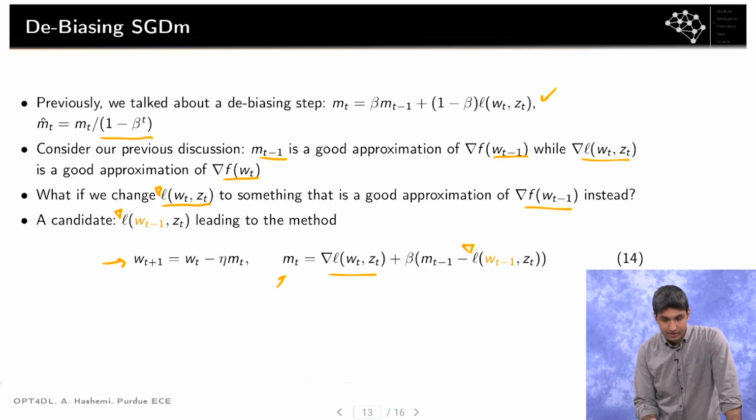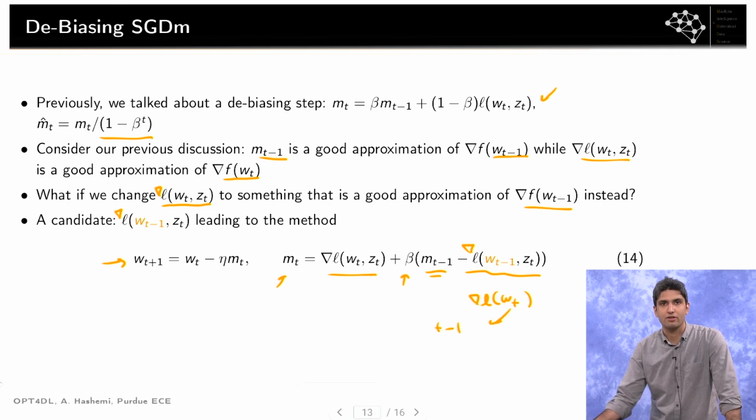We have the stochastic gradient at w_t, plus the momentum parameter times the momentum at time t minus 1 minus the stochastic gradient at w_{t-1}. Previously, this term was the stochastic gradient at w_t. So all I'm doing is this very tiny change, changing this index from t to t minus 1. That's all I'm doing.